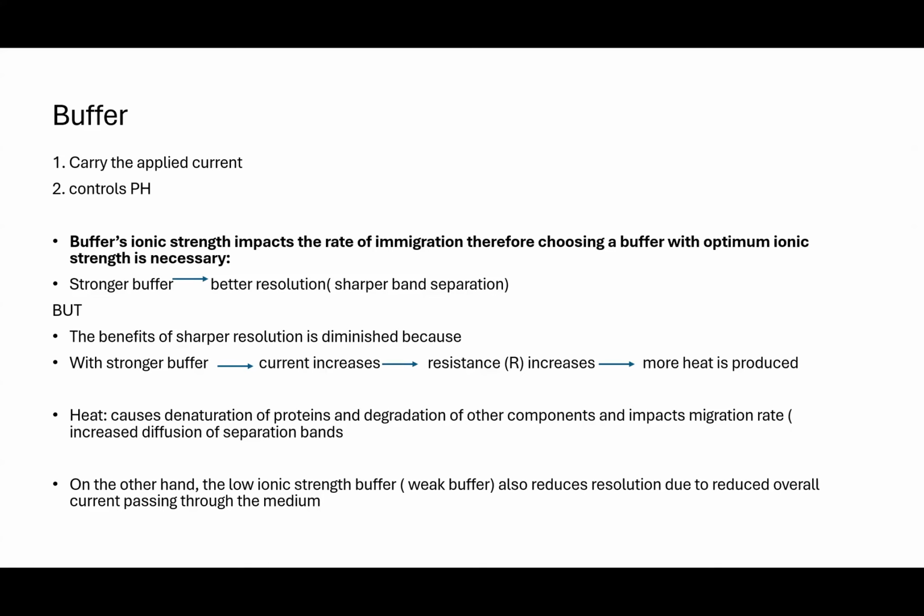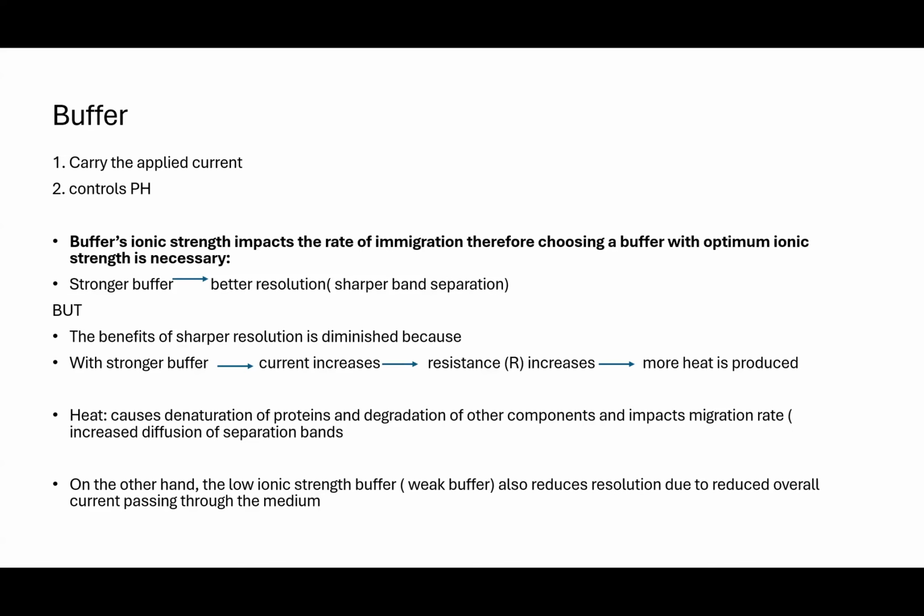When you have a stronger buffer, you end up with better band separation and better resolution, which is good. But at the same time, with a stronger buffer, your current increases, resistance increases, and that causes heat to be generated again. And we already said that heat causes issues in electrophoresis.